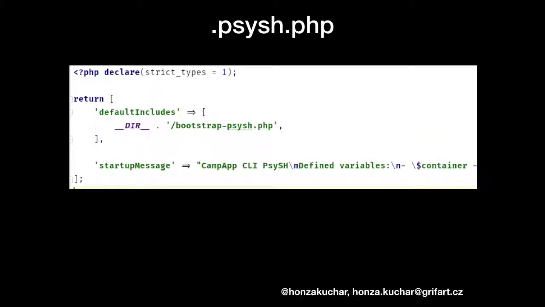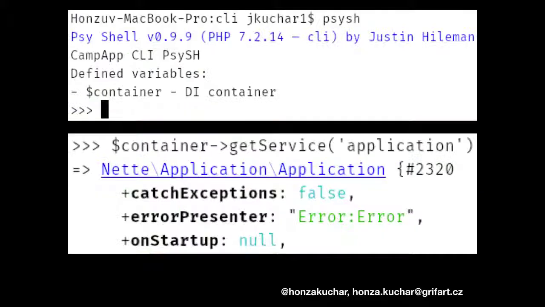Then you make this configuration file for PsyShell, which includes a bootstrap, and I just add some startup message which explains what's available, what you can do with that. Then it looks like this. So you can have container, get service, application, you can do whatever with that.